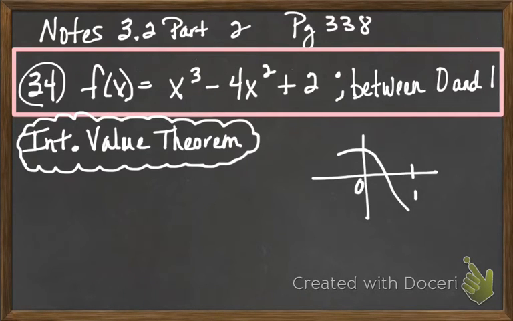That's the question. So it says use the intermediate value theorem to show that your graph has a real, meaning not imaginary, a real zero, a real place where the graph's going to cross the x-axis between 0 and 1. Not exactly at 0.5, it could be 0.1, it could be 0.2, it could be 0.9, but just anywhere between 0 and 1.